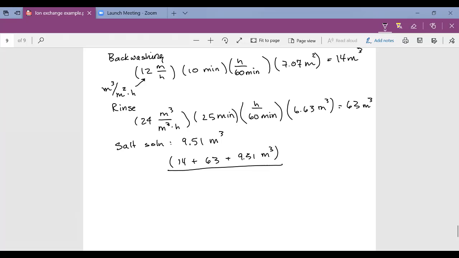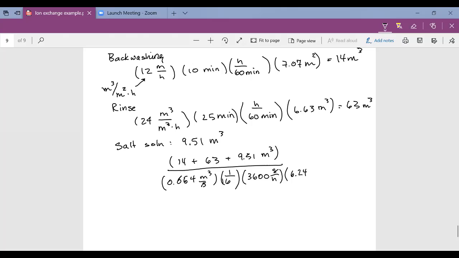We're operating at our total flow rate of 0.664 meters cubed per second. We have 16 columns. So we'll divide that by 16, multiply by 3,600 seconds per hour, and the operation service time.